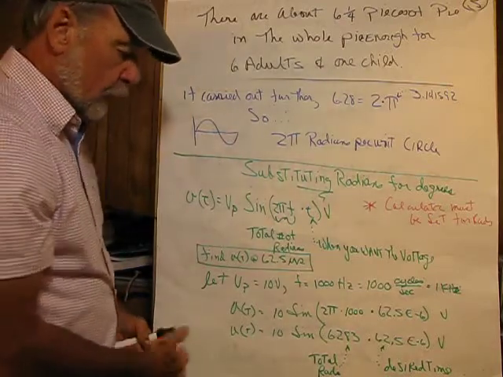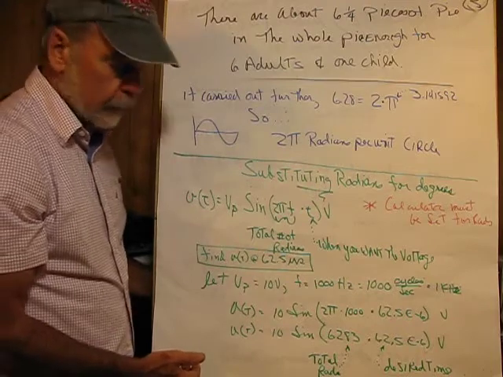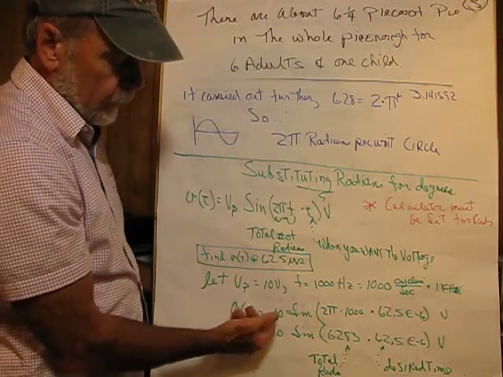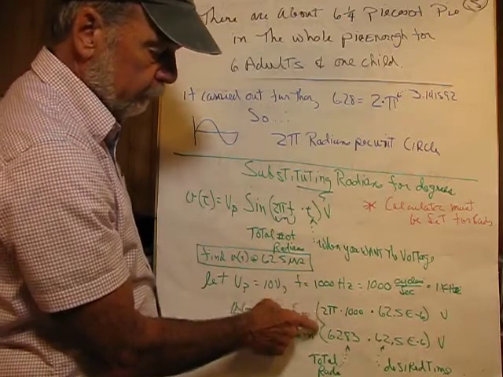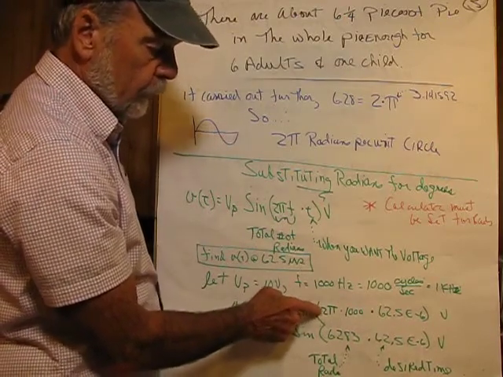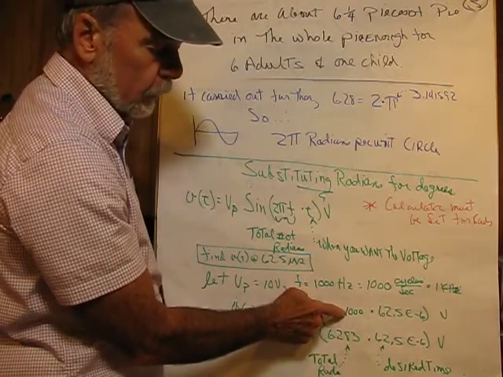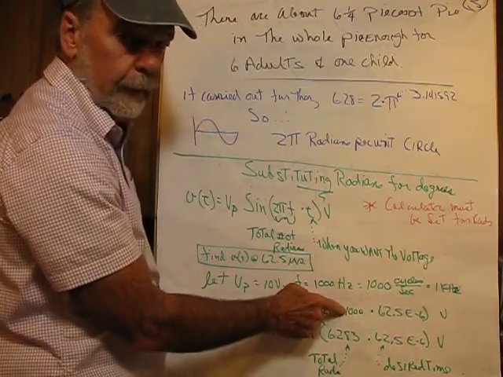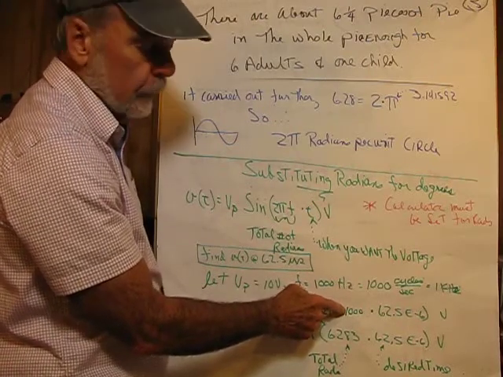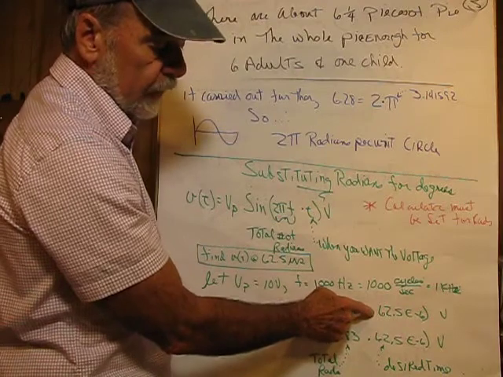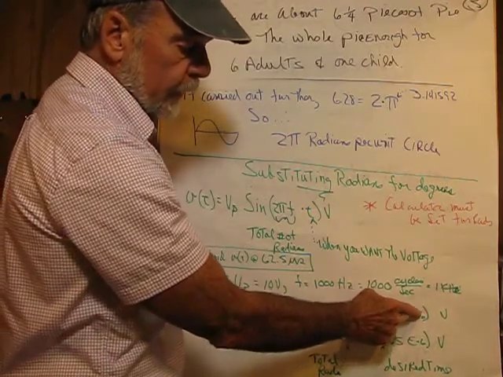So if we write our equation here, and it would probably be a good thing to follow along with your calculators, V of t equals 10 times the sine of, and get this in parentheses, 2 times pi times 1000, or this could also be 1 inner exponent 3, times the time, and this has to be in seconds, so I entered 62.5 e to the negative 6.